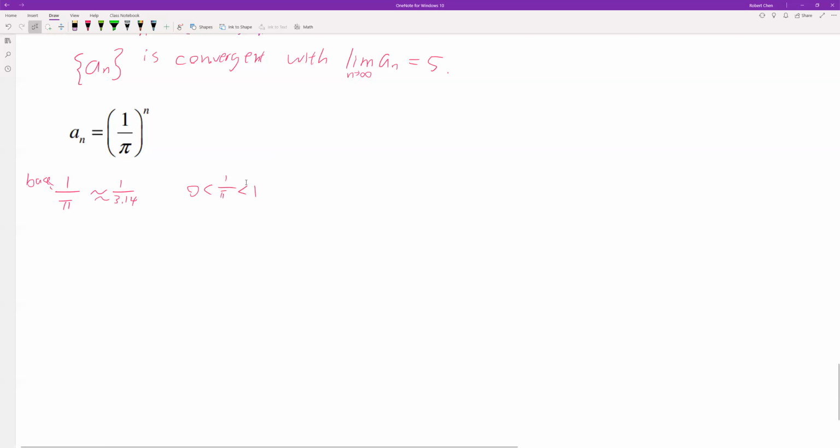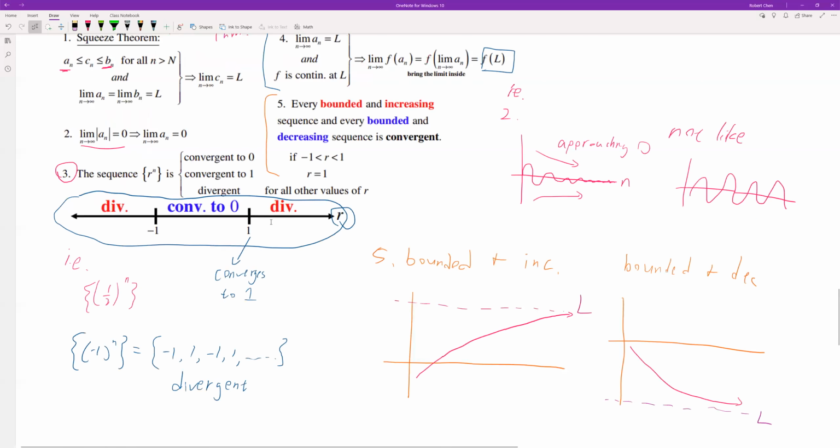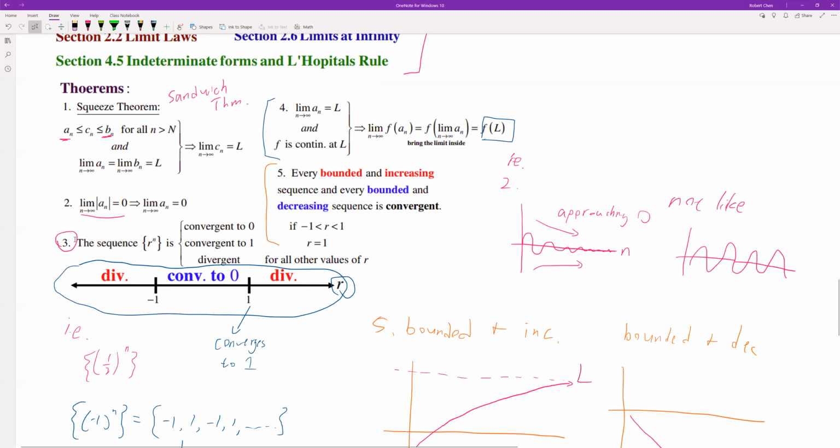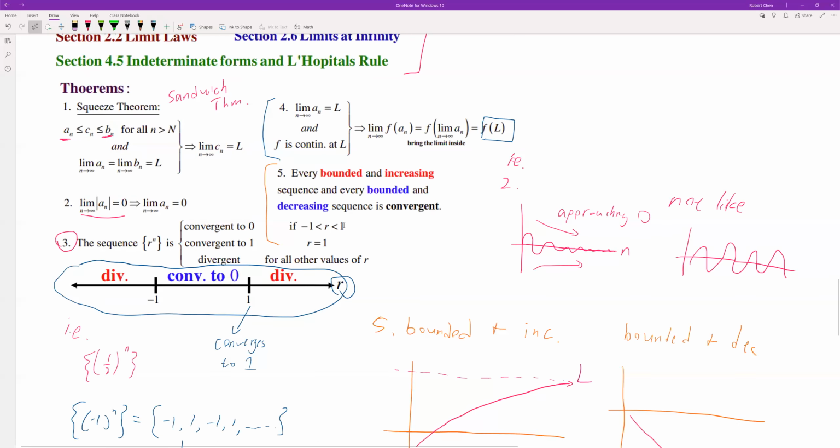Right? So what we can do here is we can go back and use the technique right here, number 3. Right? The sequence r to the n, where you have a constant base to the power of n, and then we have 3 cases, convergent to 0, if that's the case, right? So we have our r is actually 1 over pi, which is between -1 and 1.